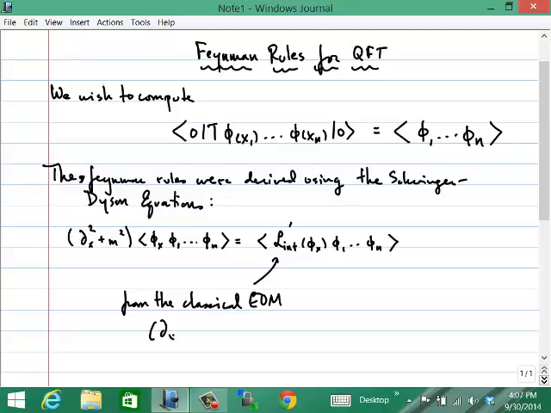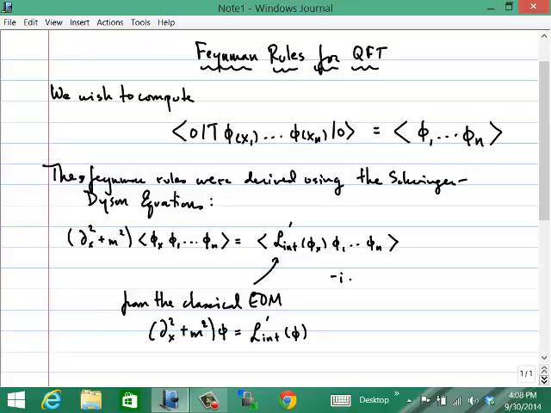which says that the Klein-Gordon operator acting on a field is not zero in an interacting quantum field theory, but instead is some function of phi. So for example, in a theory with a phi cubed interaction, this was equal to phi squared. And then, in addition to this classical term, we had some quantum mechanical correction terms.